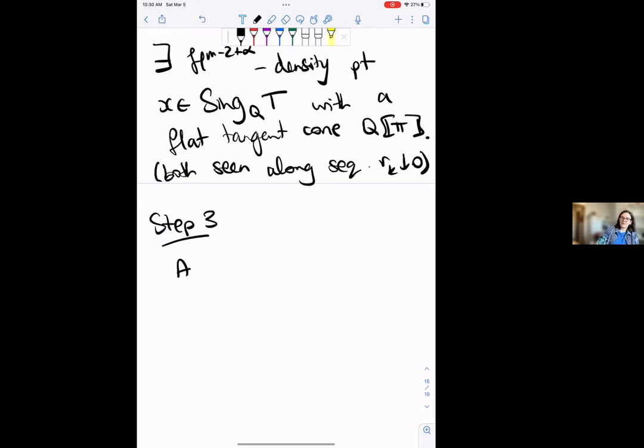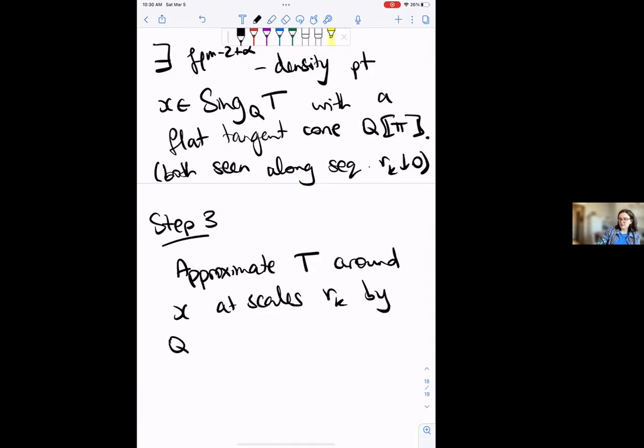Because of this density Q at this point X, locally around X the graphs we expect take Q values. So we can approximate T around X at scales r_k by Q-valued graphs.